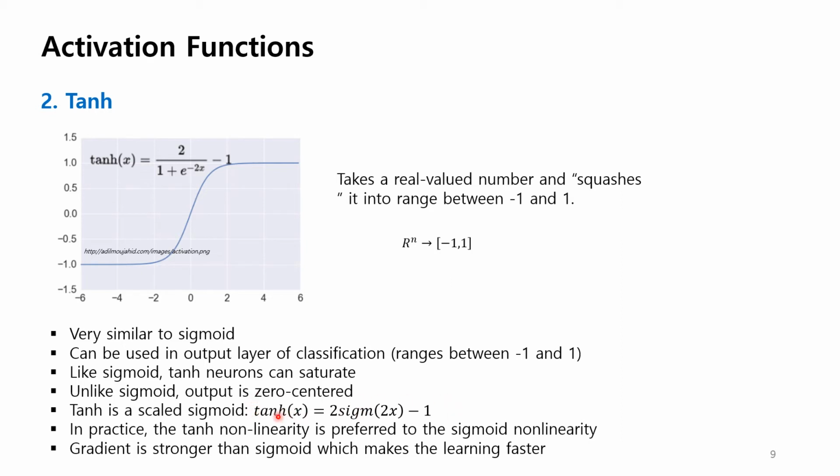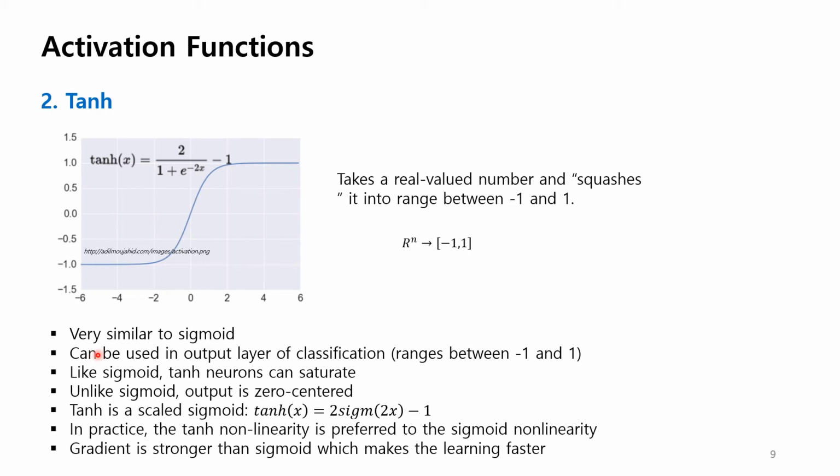It's very similar to the sigmoid function, and its range is limited between -1 and 1. In the sigmoid case, the output ranges between 0 and 1. Because of that, we can use sigmoid in the output layer. For the same reason, hypotangent output is limited between -1 and 1, and because of that, you can use hypotangent in the output layer of classification.